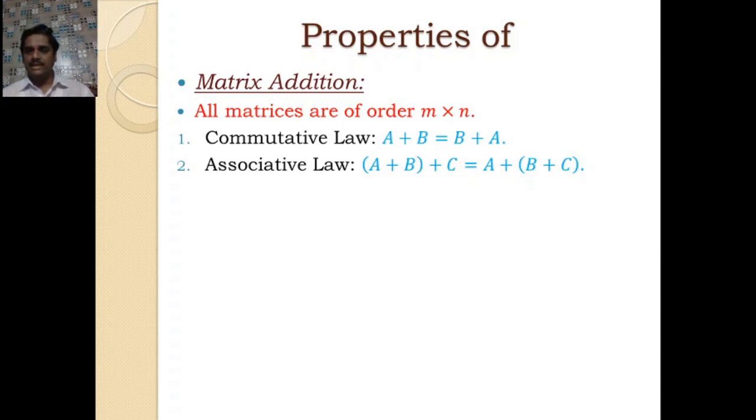In the right hand side you can see (B plus C) in a bracket. So B plus C will be performed first and whatever you get will be added to A. And there is an equality in between. So that means LHS equals RHS. And what do you understand by this? We understand order does not matter.